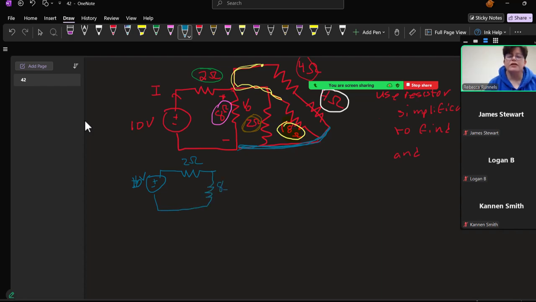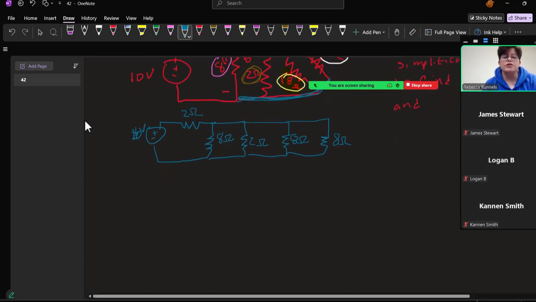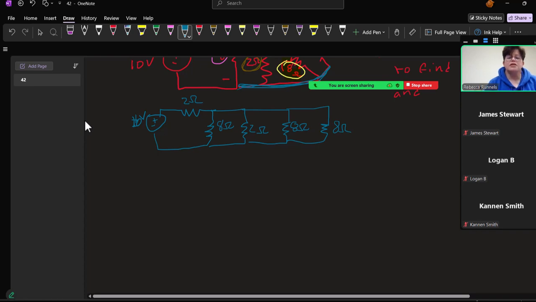So we've got 8 ohms, 2 ohms, 8 ohms, and 8 ohms. Now, you cannot do product over sum with more than 2 resistors. So that's not how we can combine all of these in parallel.